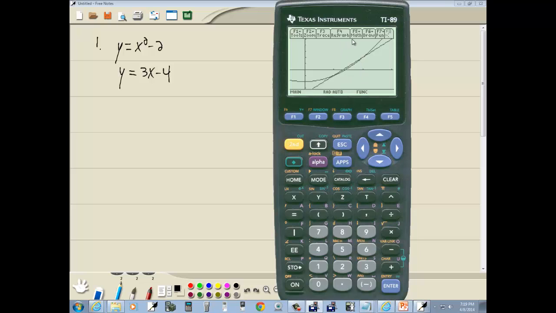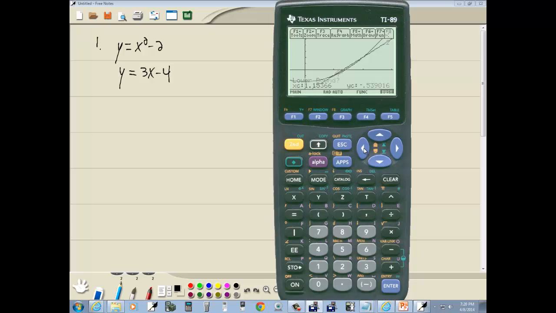Okay, so you see the math here, F5. I'll press F5 to bring up this math, and we want to choose number 5, intersection. So I do 5. It asks us for first curve, I do enter. It asks for second curve, I do enter. It asks for lower bound.